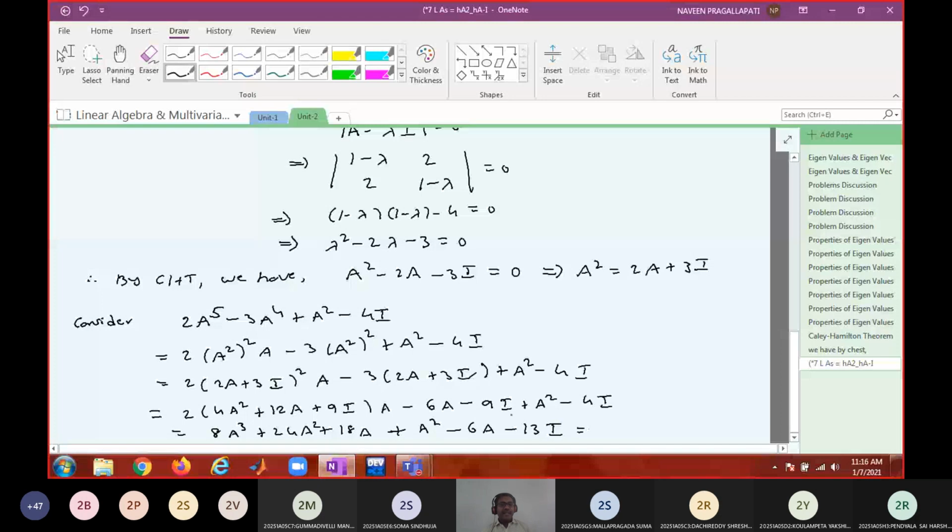Again you can simplify this as 8A cubed plus 25A squared, 18A minus 6A means plus 12A, minus 39. Now again replace A cubed with A squared into A, replace A squared with 2A plus 3I. Simplify further.